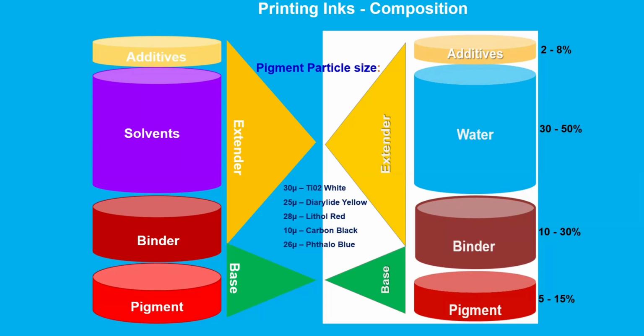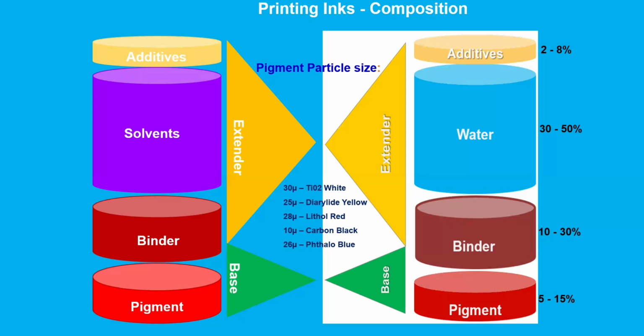In water-based inks we use water, and in solvent-based inks we use other non-polar chemicals like ethanol, ethyl acetate, and propyl acetate and propyl alcohol.